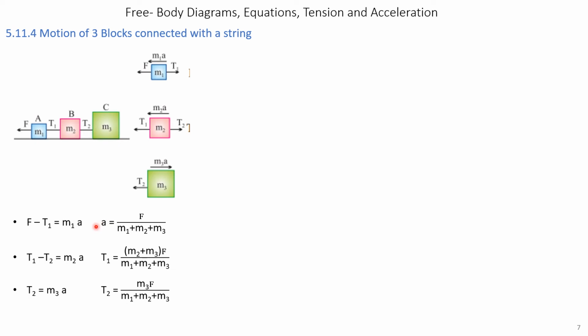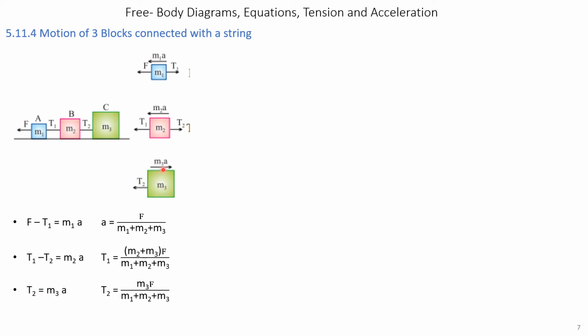So we write the free body diagrams separately. For A, F minus T1 is equal to M1 into A, and for body B in figure 2, T1 minus T2 is equal to M2 into A, and from the free body diagram of C, T2 is equal to M3 into A.